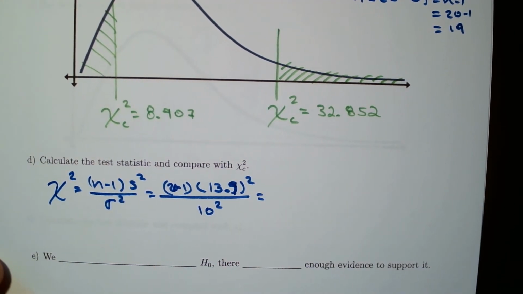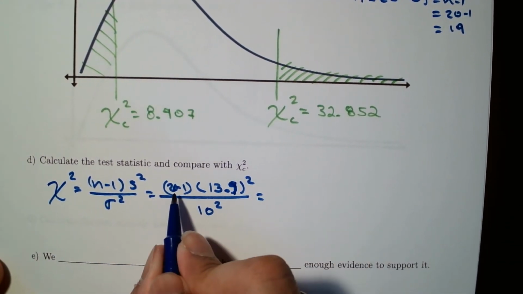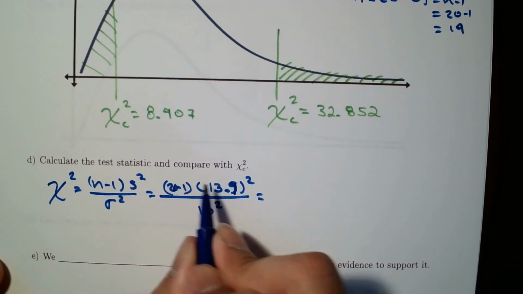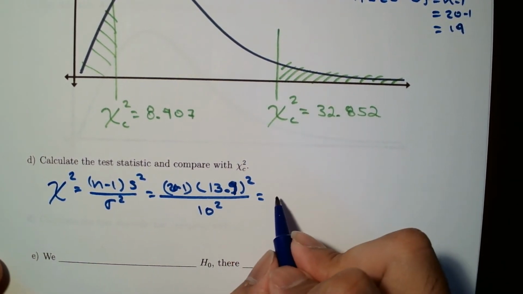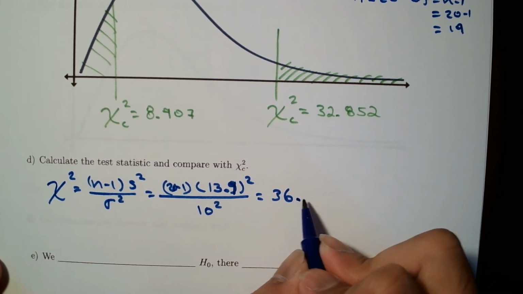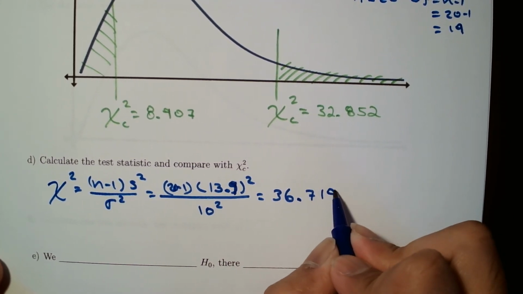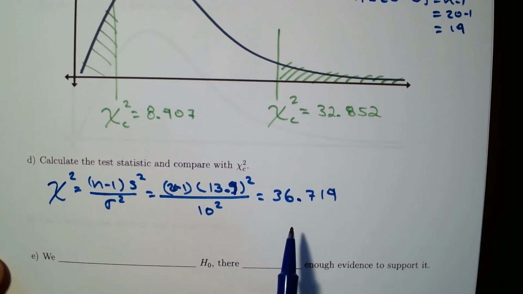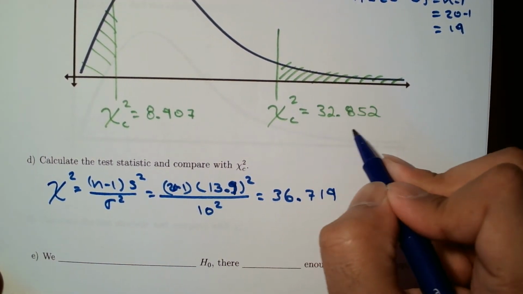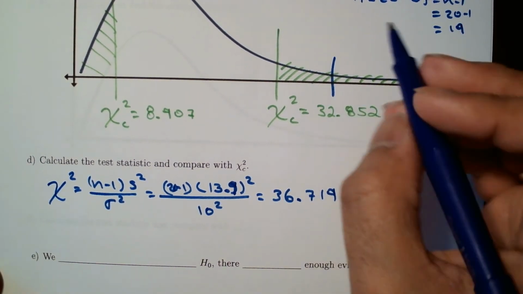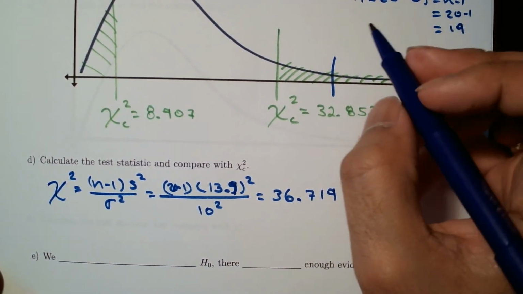All right. Putting all this in the calculator, 20 minus 1 is 19, and then whatever that is squared divided by 10 squared, which is 100, we get 36.719. So 36.719 is a number that is larger indeed than 32.852.